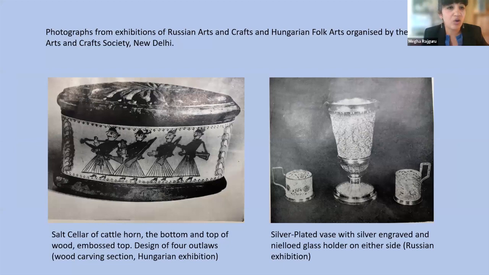On display, salt cellar of cattle horn on the left, in the Hungary section, and on the right, we see a silver-plated vase with silver engraved. And so what we see is that this gallery keeps coming up in the British Council archives, where they have ambitions to present work.